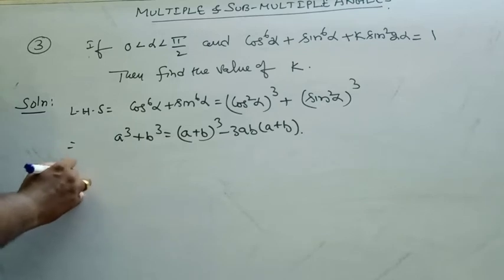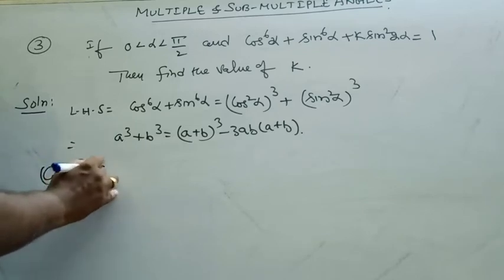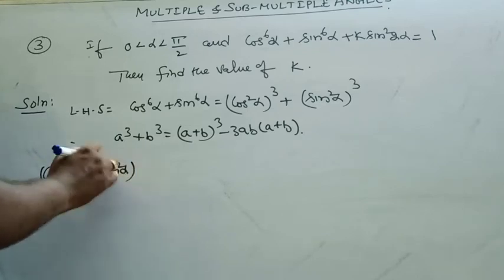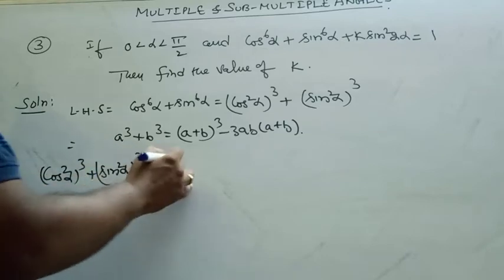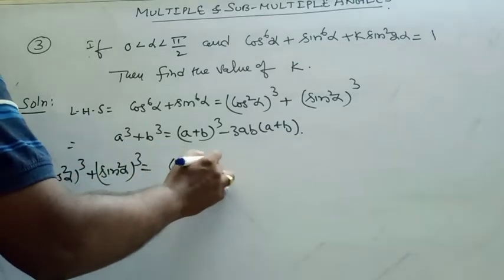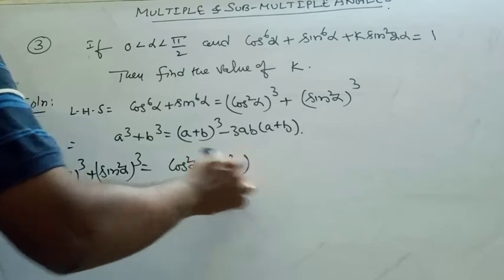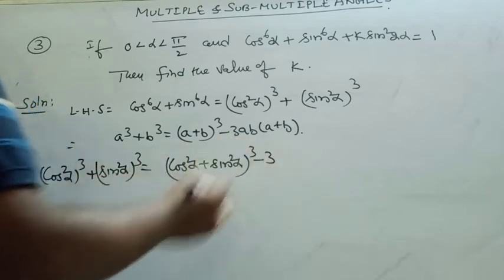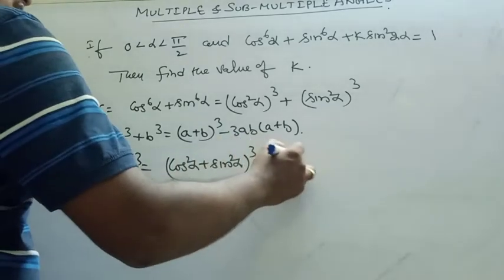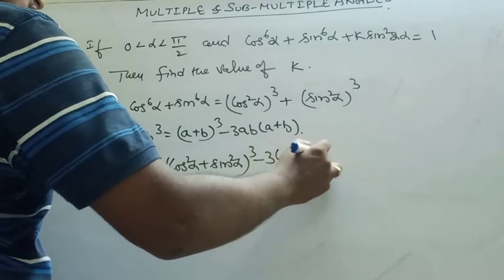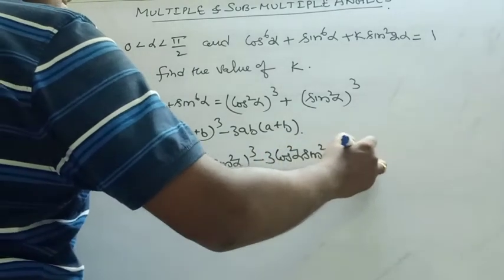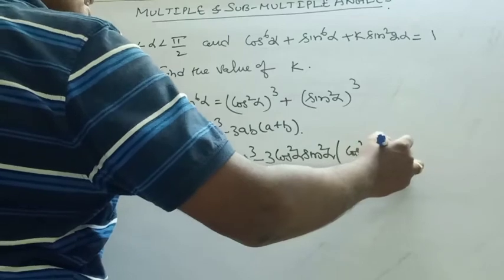Now cos square alpha whole cube plus sin square alpha whole cube is equal to a plus b whole cube, that means cos square alpha plus sin square alpha whole cube, minus 3 into cos square alpha into sin square alpha into cos square alpha plus sin square alpha.